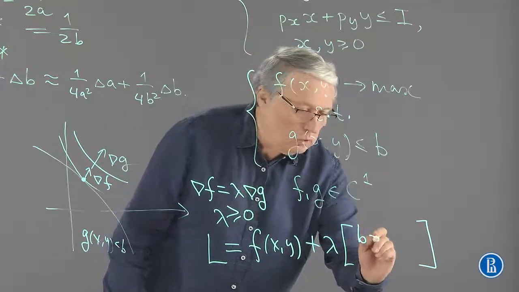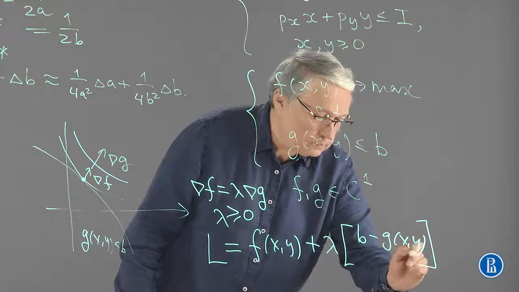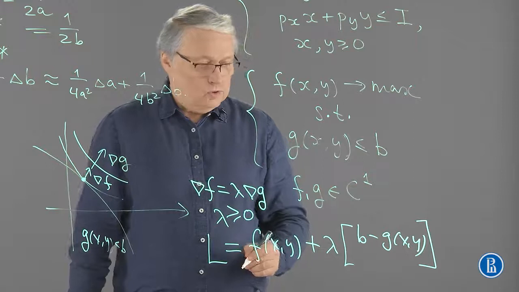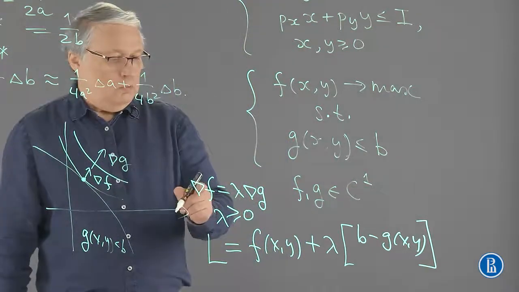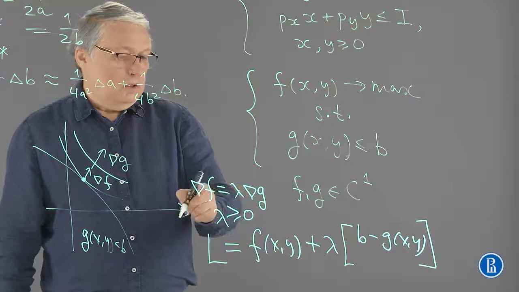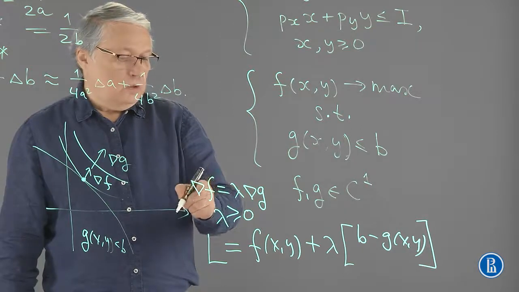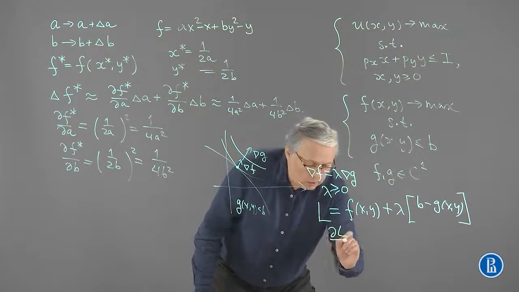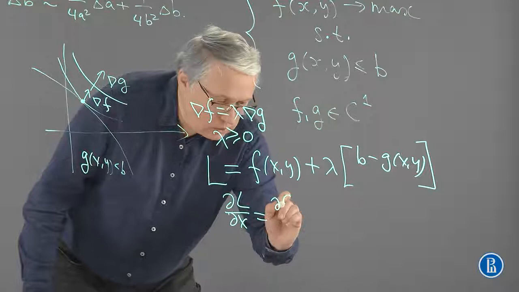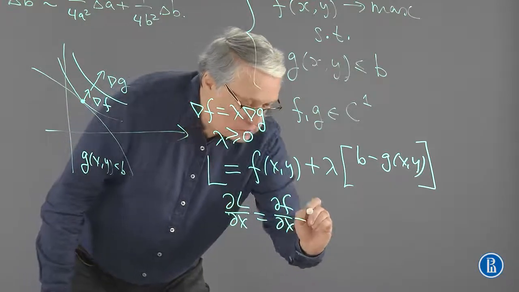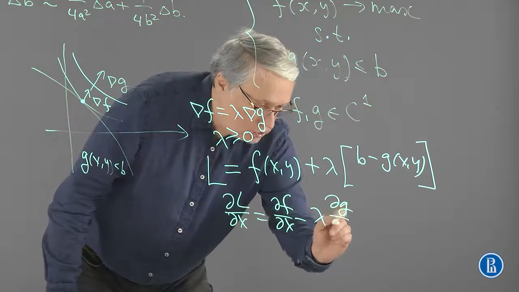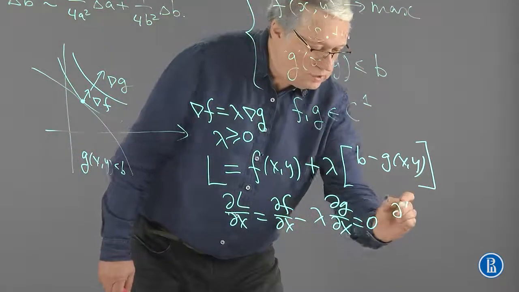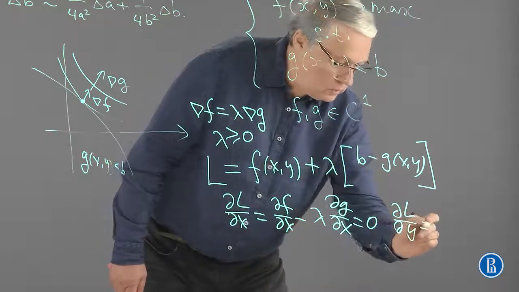That's how we get b minus g of x, y. Now, if we set the system of first order conditions, then we get immediately a similar equation relating gradient f and gradient g, because dL over dx is df over dx minus lambda dg over dx equals 0, and the same for dL over dy.